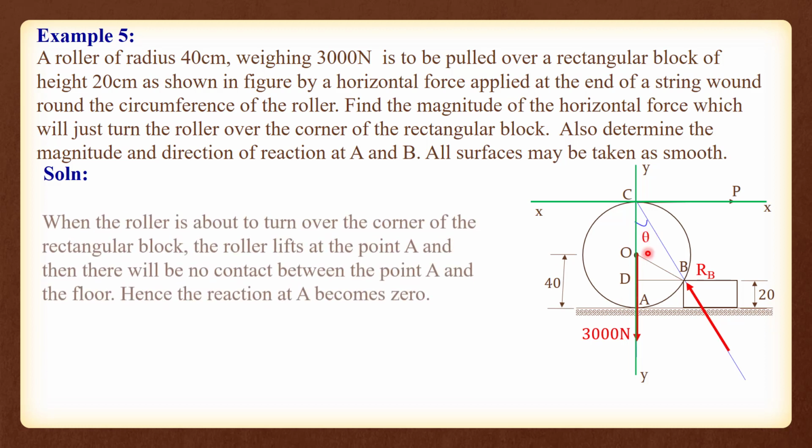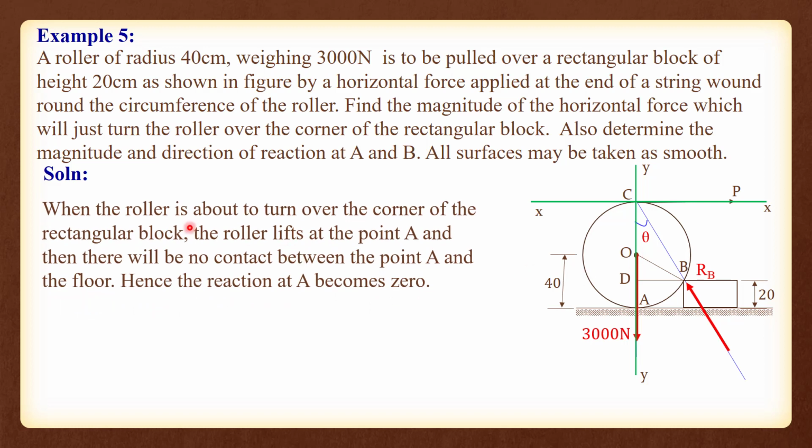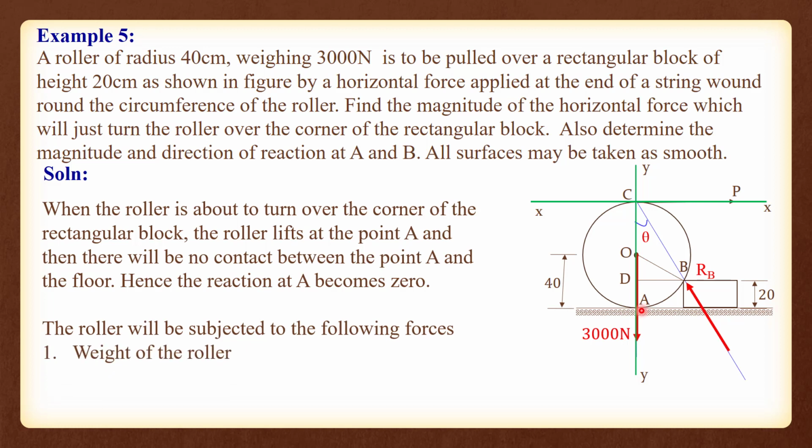Okay. Now, let's see, when the roller is about to turn over the corner of the rectangular block, the roller lifts at the point A, and then there will be no contact between the point A and the floor. Hence, the reaction at A becomes zero at this point, right? Now, what are the forces acting on the roller? So, first one is the weight of the roller.